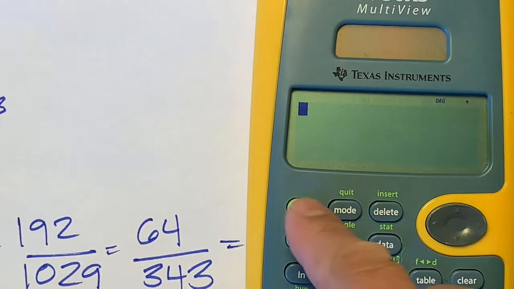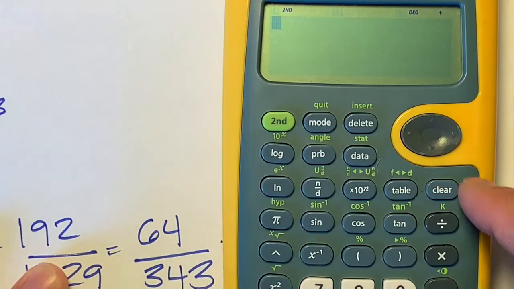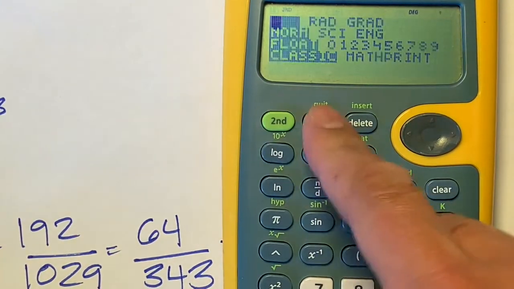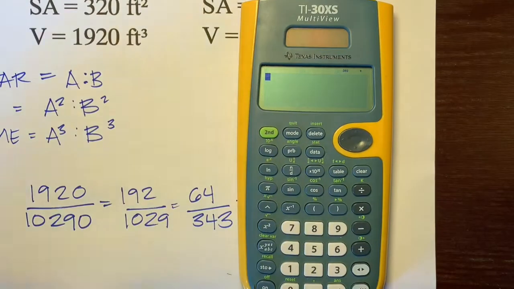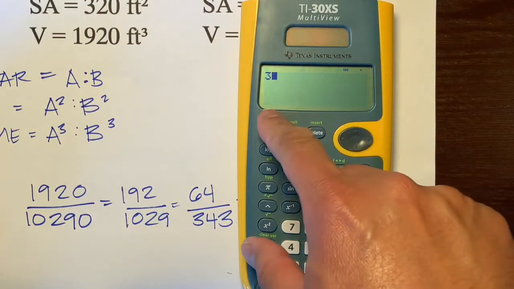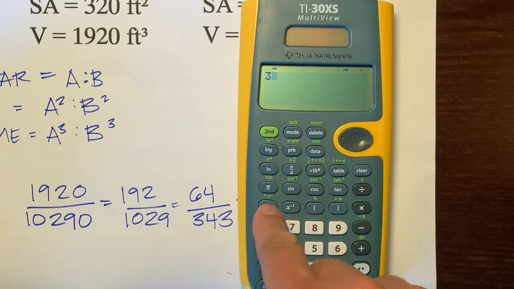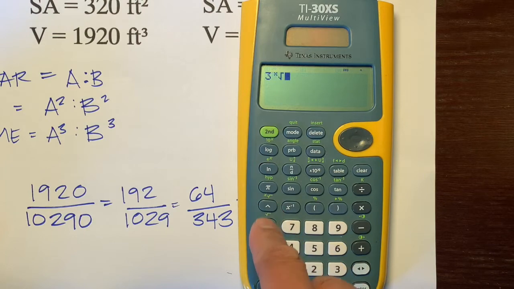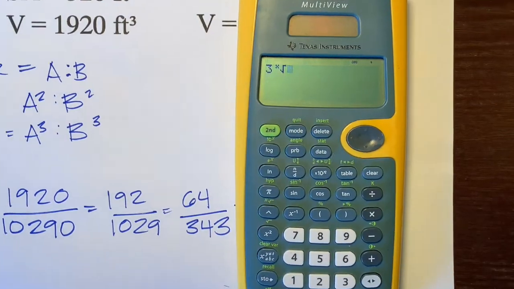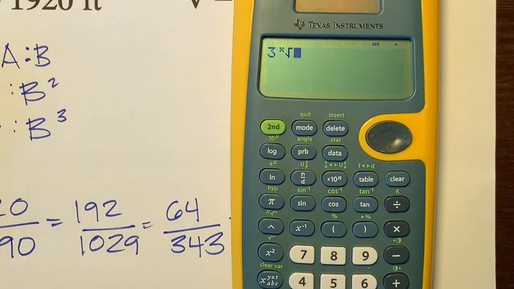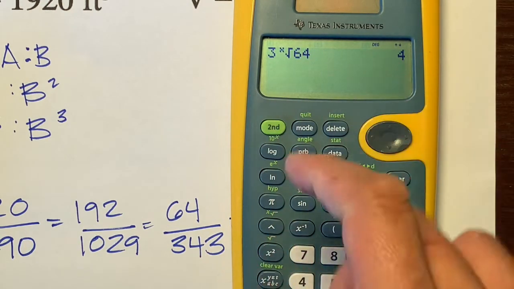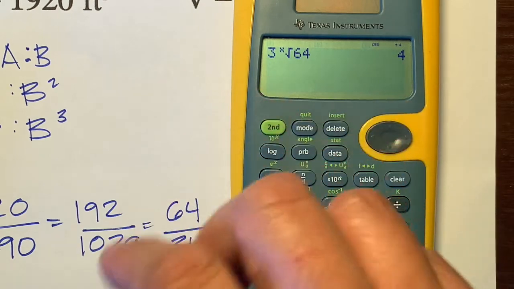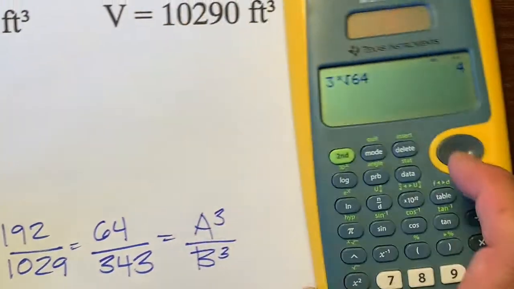So we're going to press 3, and then press the second button, and see that X with a root, the radical symbol. This is going to give us the cube root. Then we type in 64, and that's 4. So 4 times 4 times 4 gives us 64.